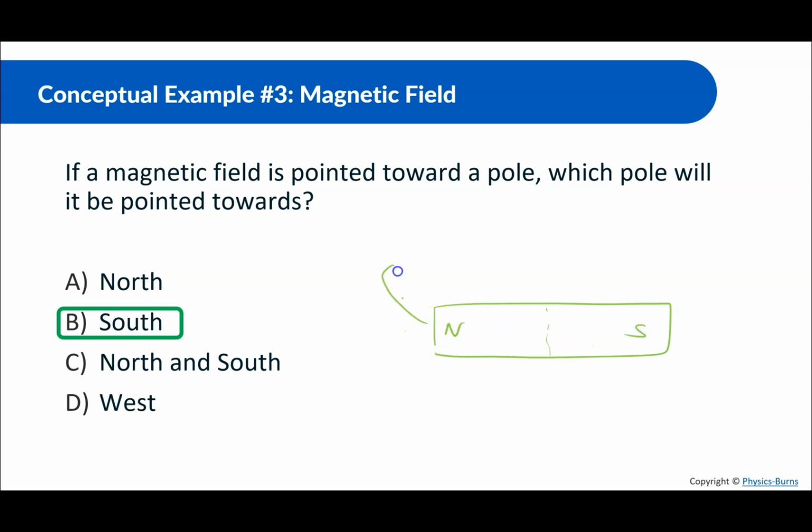The magnetic field is going to be pointing out of the north, and as it's traveling and going back in, it's going to be pointed in towards the south. So if a magnetic field is pointed toward a pole, it will be pointed towards the south pole. That's it with the intro to magnetism.